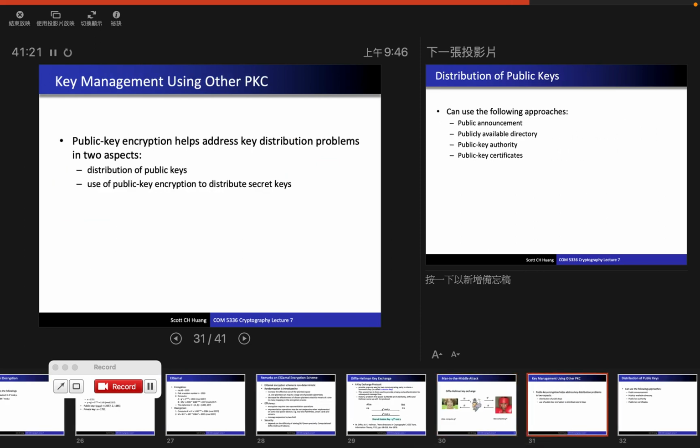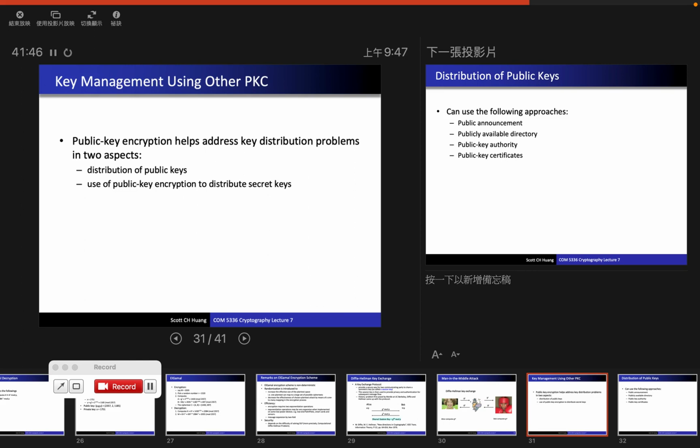So that is why we need digital signatures, and later we'll talk about them as well. So this is a serious problem, but we will talk about that later by introducing the digital signatures.